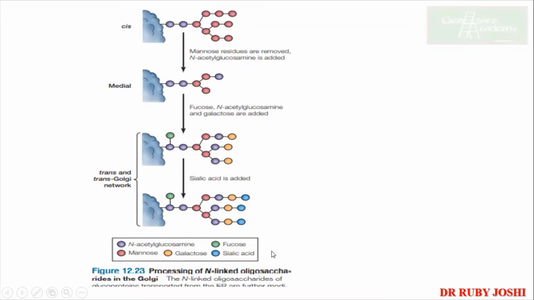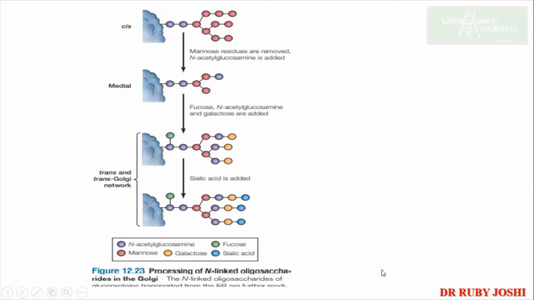So eventually what is happening? You are getting a type A or type B kind of antigen which is present on the cell. Here you can see how much modification happened in cis: mannose was removed, N-acetyl glucosamine was added. In the middle region, fucose and NAG were again added. Then in trans, sialic acid was added. Each step of the processing of all these oligosaccharides in the Golgi is important. So this is the processing of your N-linked oligosaccharide in the Golgi.